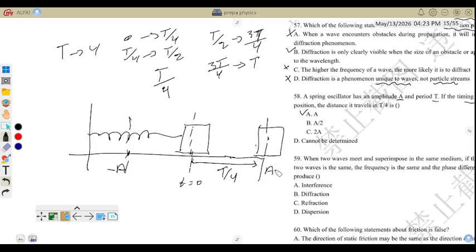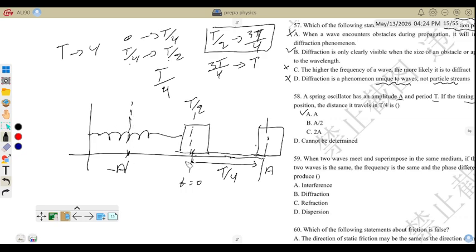That means the oscillator would be at the maximum extension, which is the amplitude. Okay, from T over 4 to T over 2, it is getting back to the equilibrium position. So at T over 2, the oscillator will be at its equilibrium position. For the third part, T over 2 to 3T over 4, the oscillator will reach the negative amplitude.